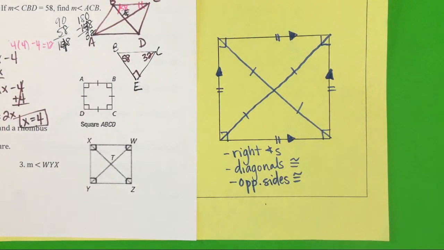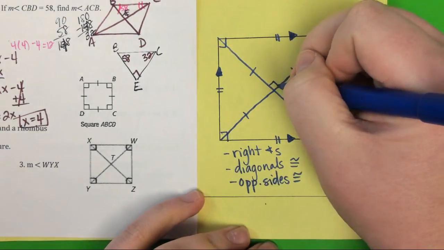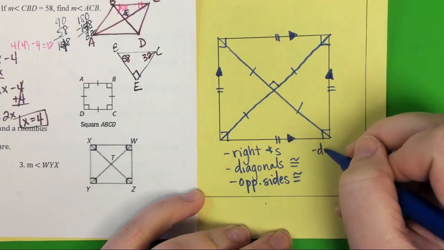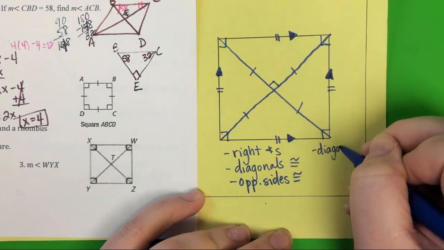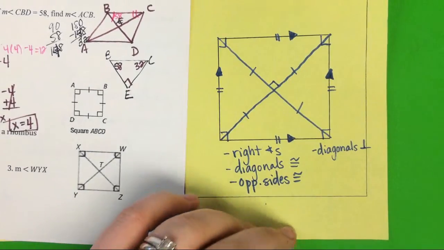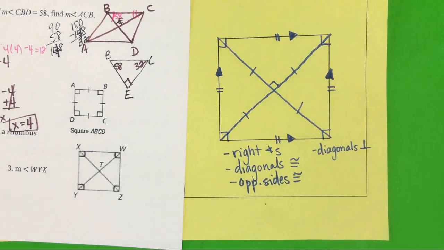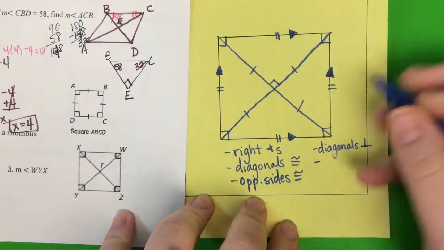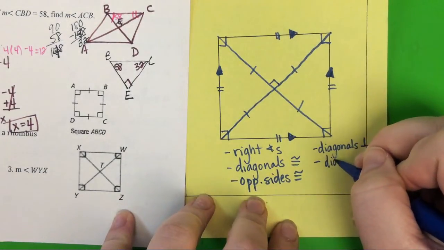We also learned yesterday that a rhombus has diagonals perpendicular, so we need to label that. And the last thing we learned with rhombuses was that the diagonals bisect the angles.